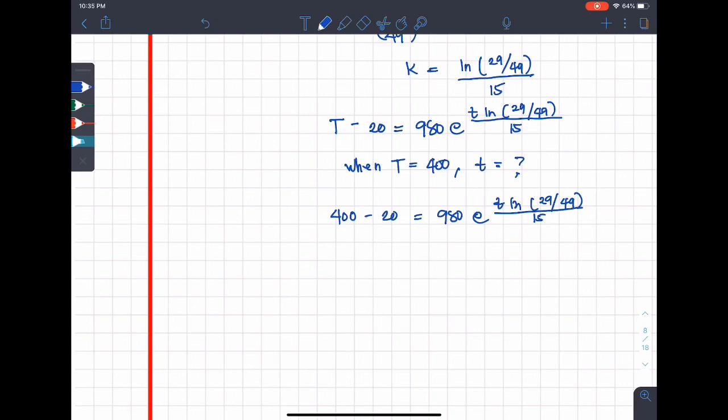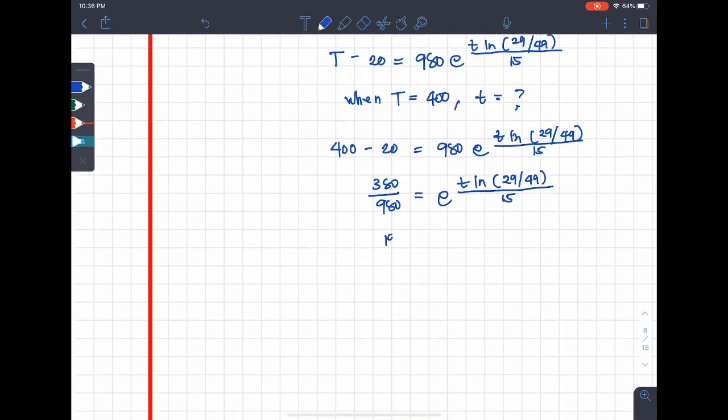So 400 minus 20, that is 380 over 980, is equal to e raised to t ln of 29 over 49 divided by 15. 380 divided by 980, that is 19 over 49, is equal to e raised to t ln of 29 over 49 divided by 15.